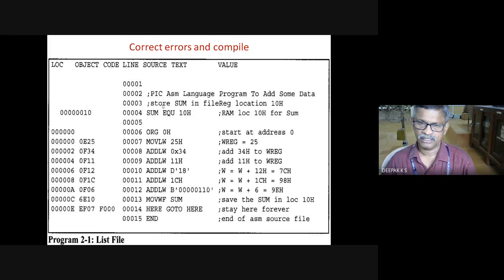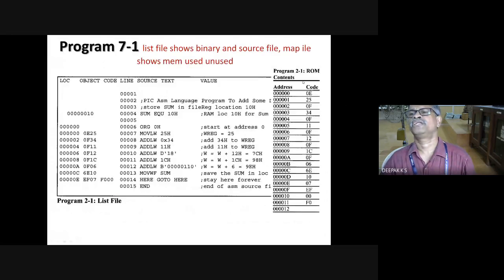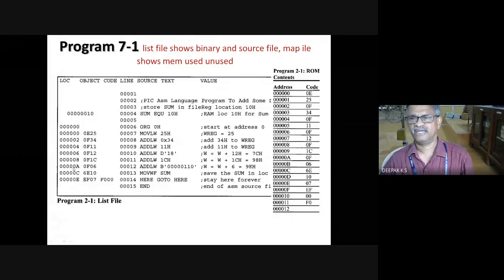So this whole thing, which is English-like, is assembled into this one, on the left side. This is the list file. It shows both. So here, these are the ROM contents. From 00 up to this location, you have this. So the list file shows the binary. In the list file, both the source in mnemonics and the binary are there.